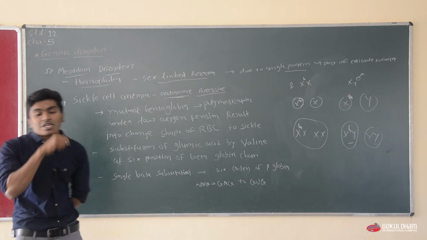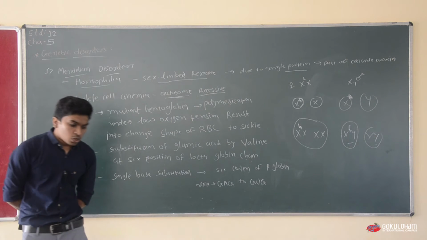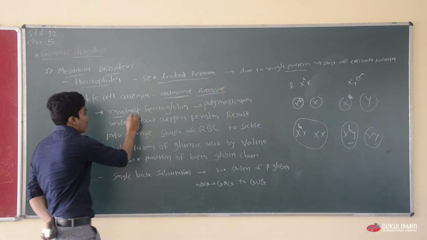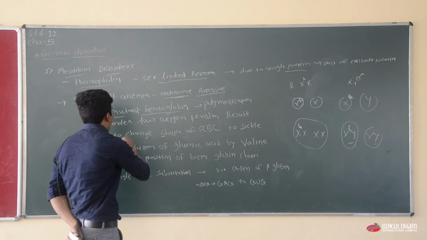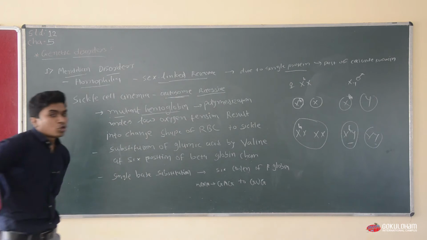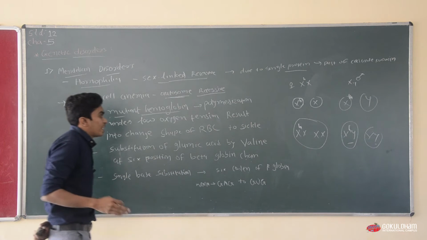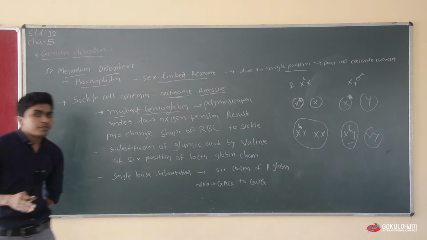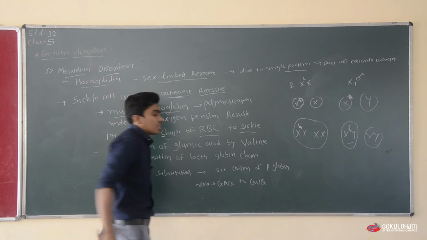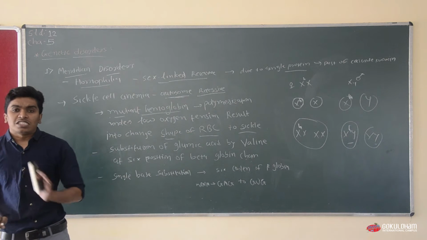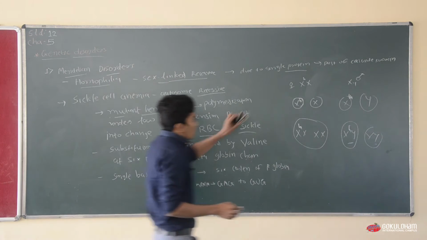It occurs due to a mutation in the hemoglobin gene. The polymerization of hemoglobin under low oxygen tension results in the change of the shape of RBC to a sickle shape.